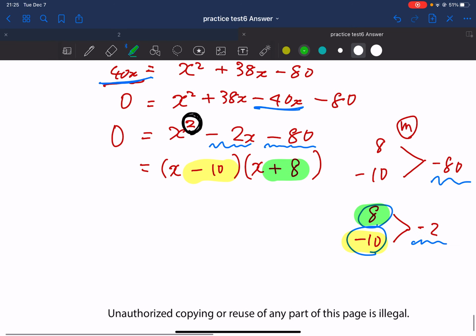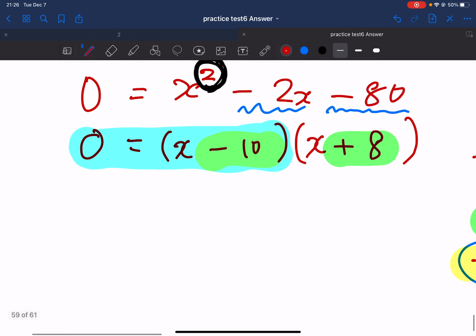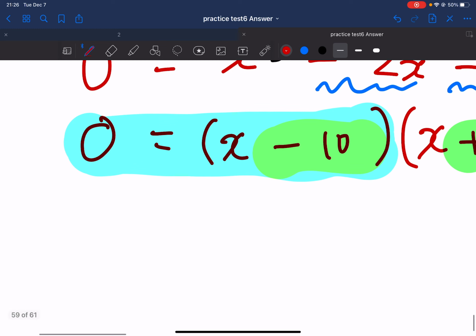Okay, so last thing to do, from here, what's the x value? So we have 0 equals x minus 10. Let's just focus on this side first.